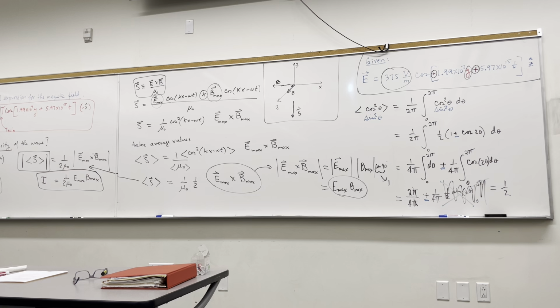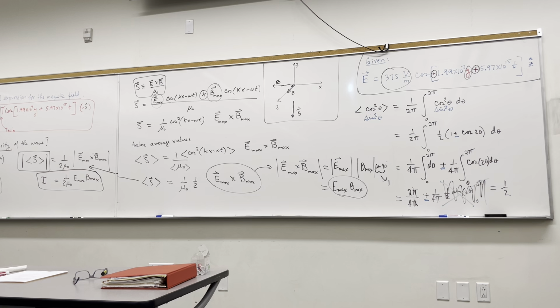So the magnetic field is going to have some amplitude, but if that's a cosine, this is going to be a cosine. And the entire argument will be identical to that one.